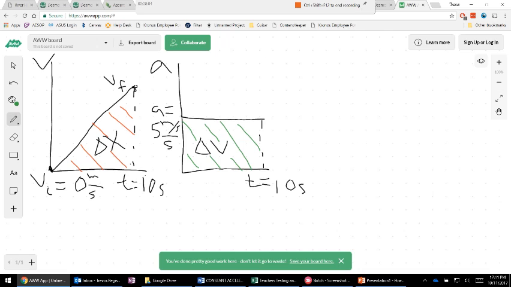let's go back to black. Let's think about this as a number line, where my initial velocity is 0, and I've got some other tick marks here, and then my final velocity is some number here that I don't know.